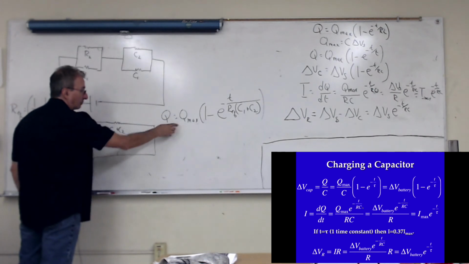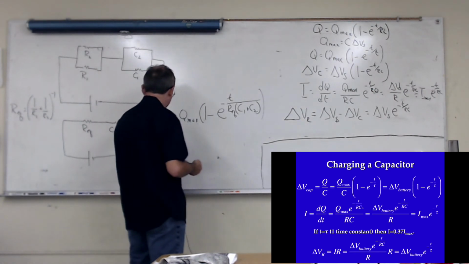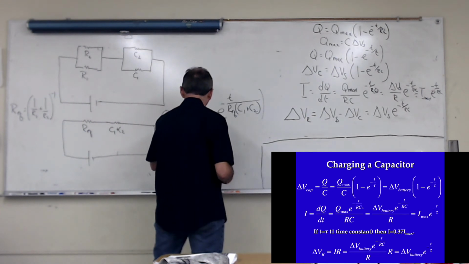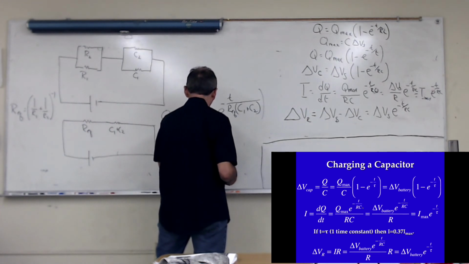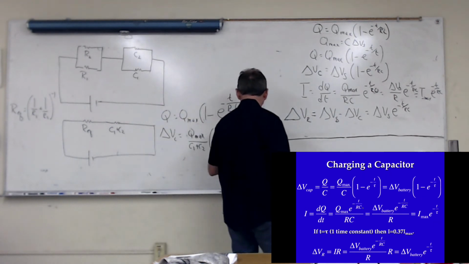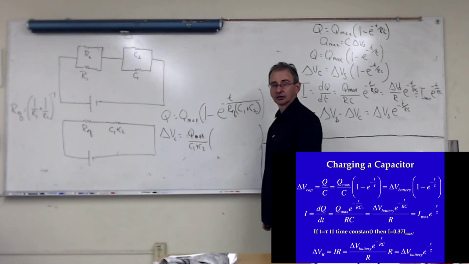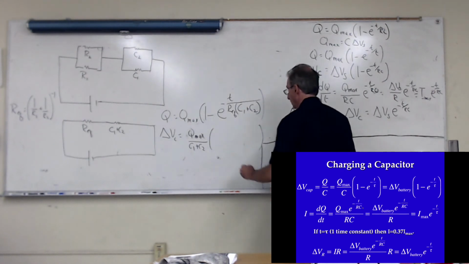Well, you just got to divide by delta V sub C. You just divide by C1 over C2. That's it.